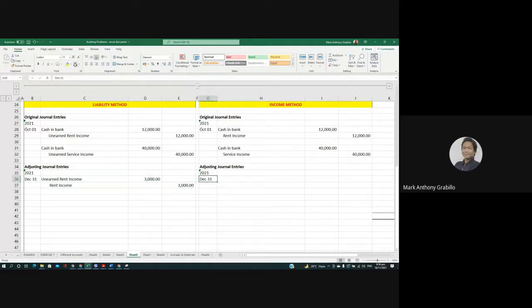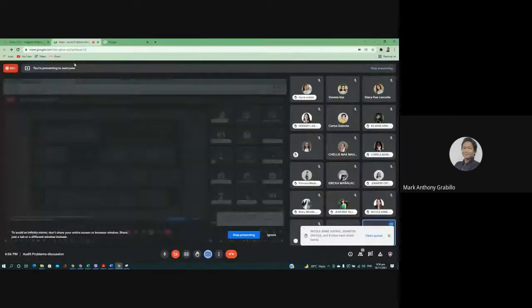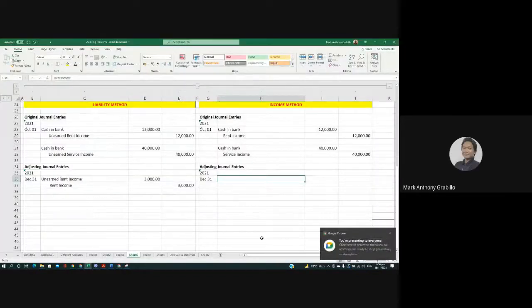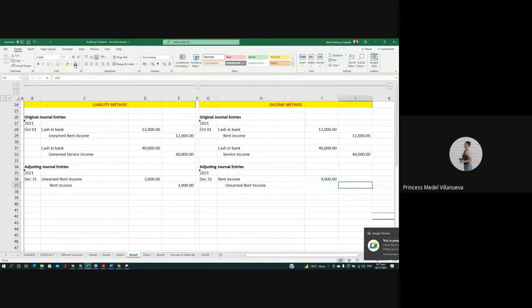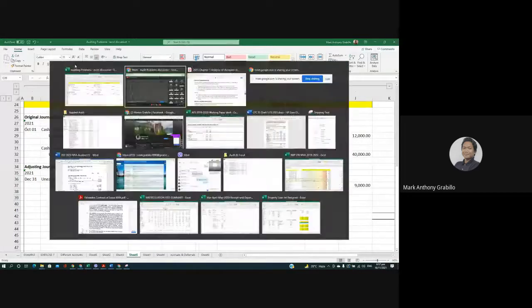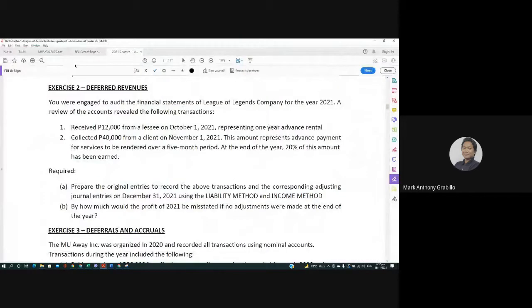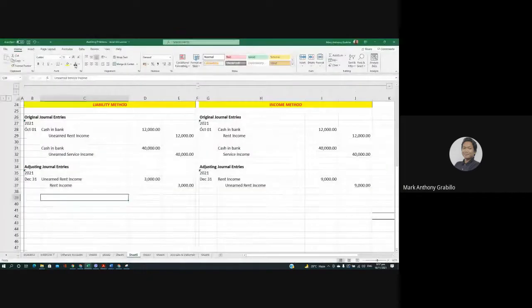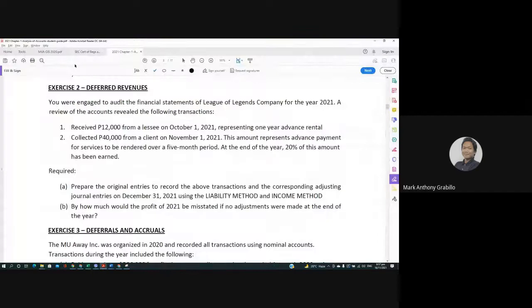So tama po. How about kapag income method naman, Princess? Debit rent income 9,000. Credit unearned rent income 9,000. All right. That's correct. So for the service income naman, applying the liability method, magkano yung na-earned out of unearned service income sa number 2?